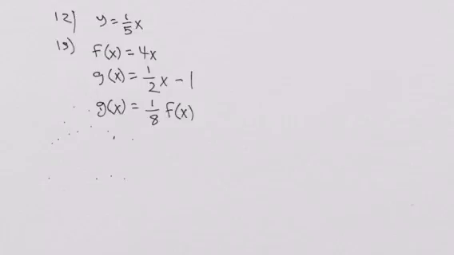By multiplying 4 times an eighth, we get 1/2. But then we did something else too, which was moving the thing down 1. So that's 13.